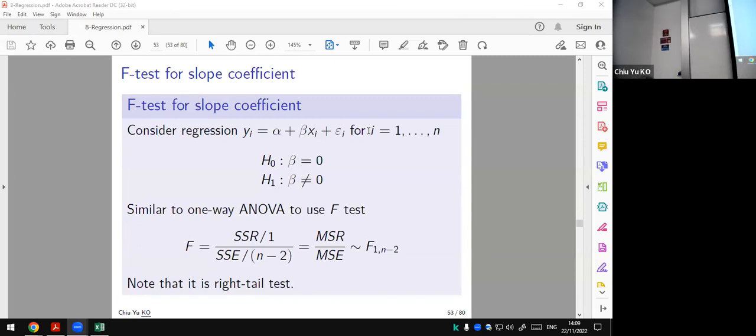If beta is 0, these two should not be different from each other, because it does not explain anything, right? If you can explain things, then it's much larger. Is that clear? You can see why it's a one-tail test, because if you can explain a lot, the MSR should be very big. If you can't explain, MSR and MSE should be of similar size. Is that okay? And because you use only one beta, it's 1.